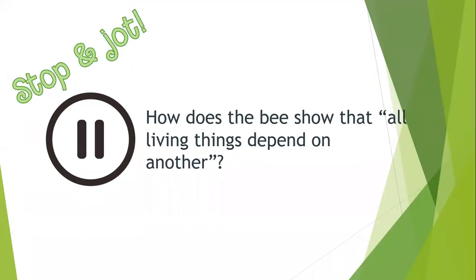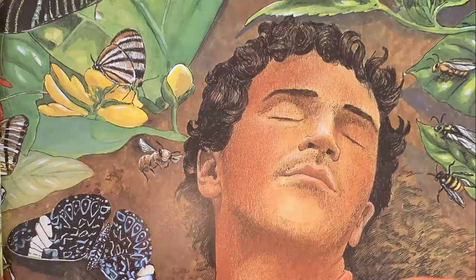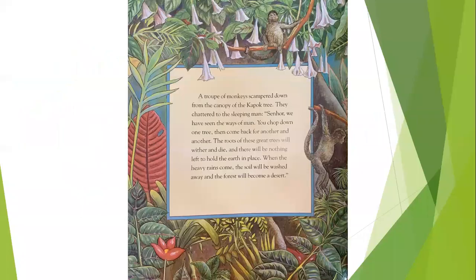How would the flowers of the rainforest depend on the bee? Think about that. Go ahead and write it down so that you're practicing your writing skills before you go back to third grade. Great, we'll move on. Yes, the bee's also talking in the man's ear.